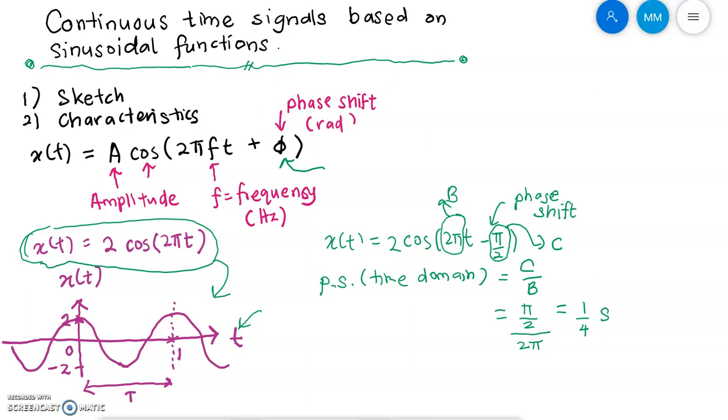So that's the difference. Now, with the value of 1 over 4 seconds, what can we do for sketching this signal? First we need to identify the sign of this shift. Since the sign of this shift is negative, we can identify that the signal will be shifted to the right.